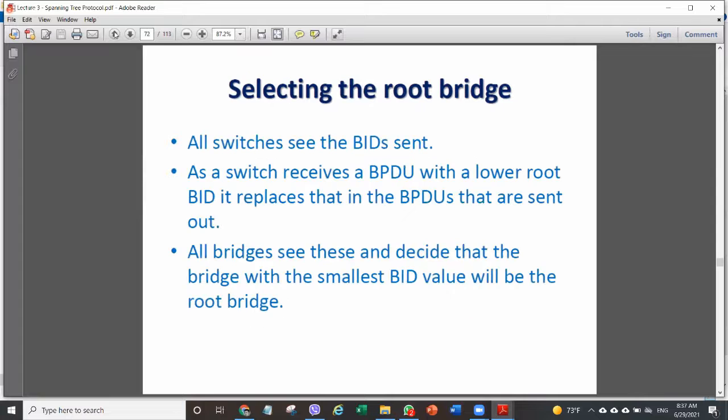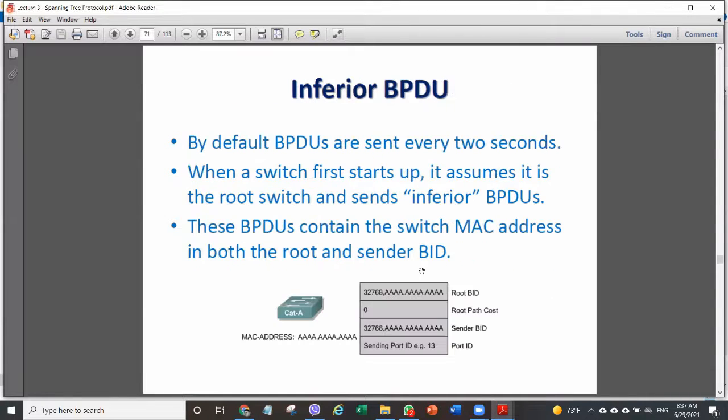So initial decision, as far as priority is the same, MAC address is considered for finalizing that root bridge thing. So in this particular case, MAC address is multiple A's here.